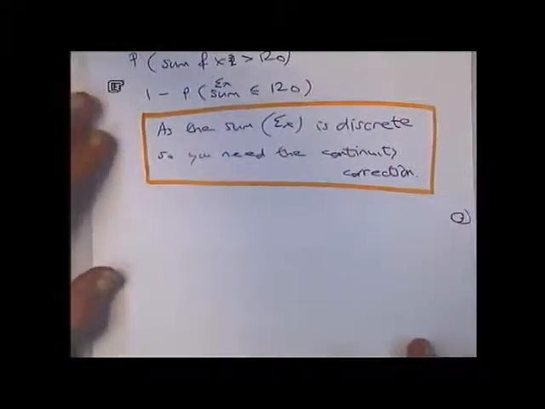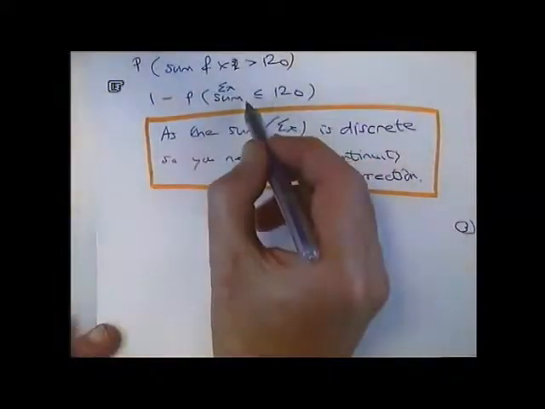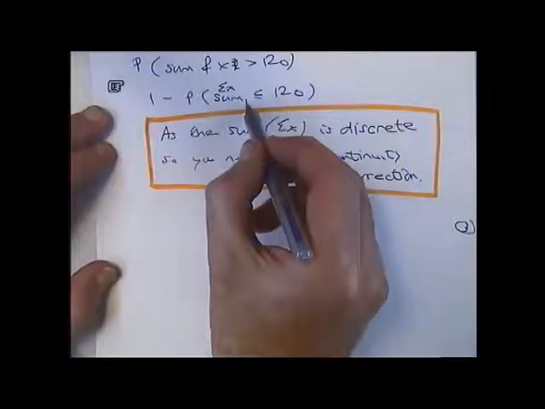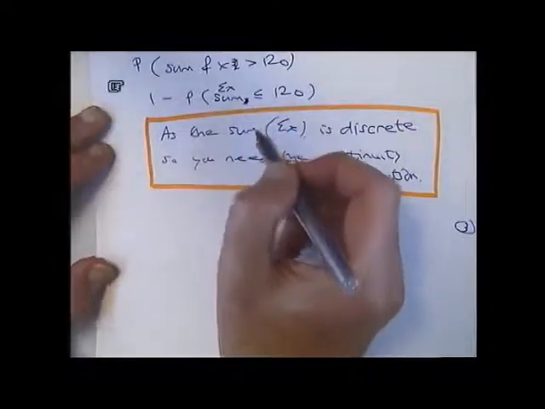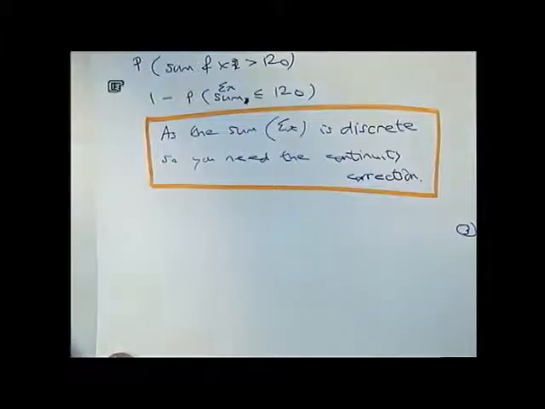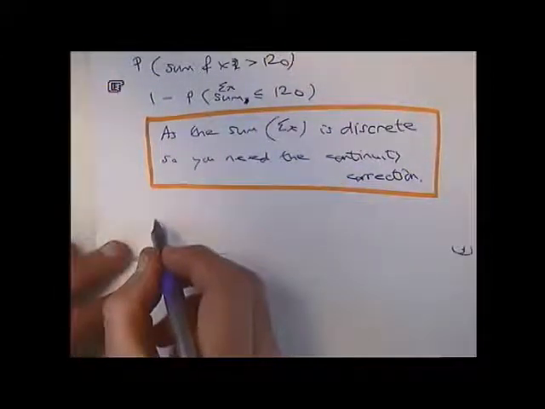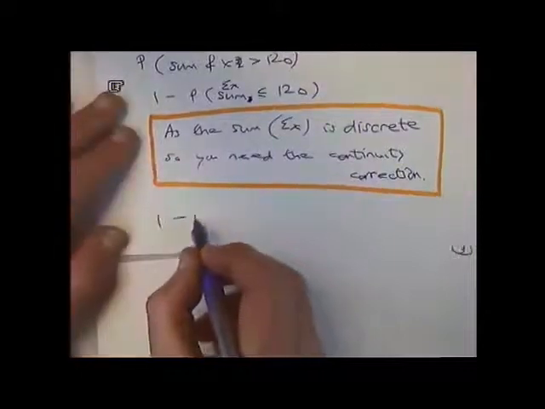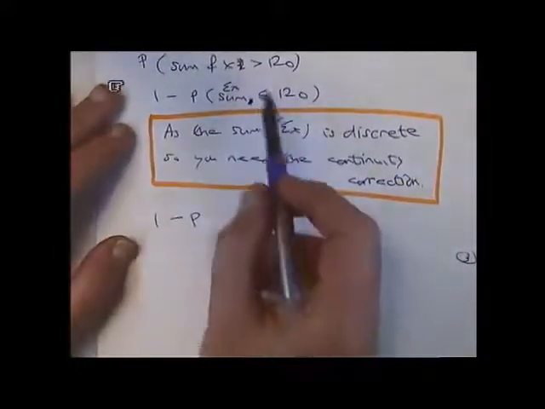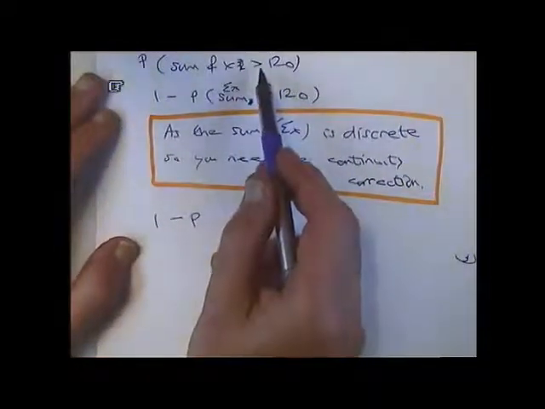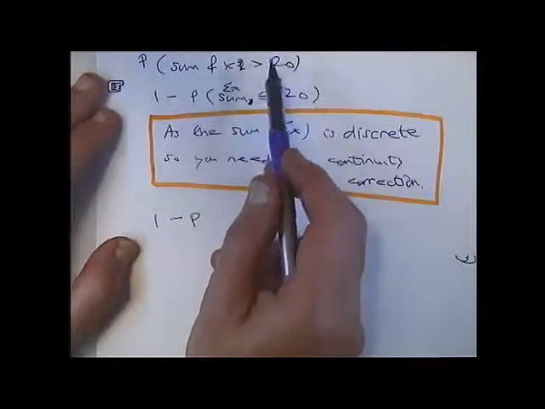So what I'm going to do now is just rewrite this with the continuity correction in here. That's where we need to be really careful. I was looking before for greater than 120.